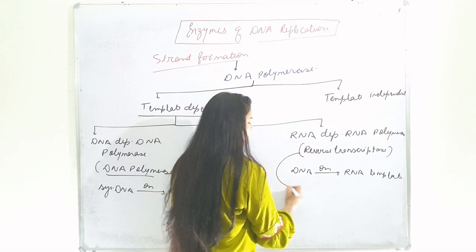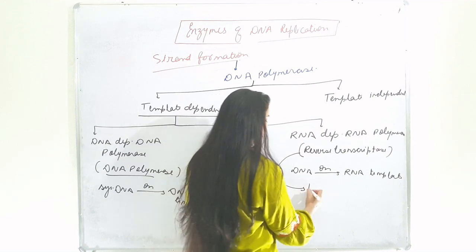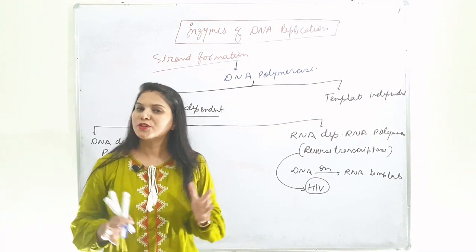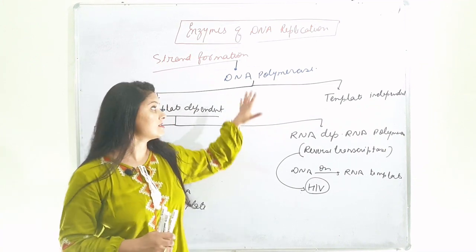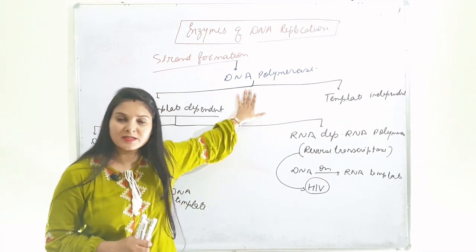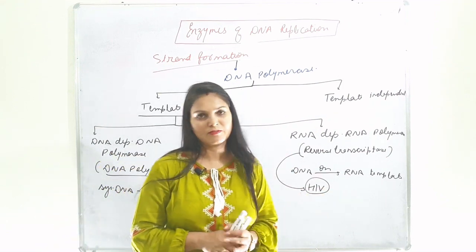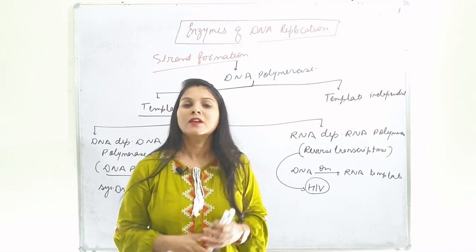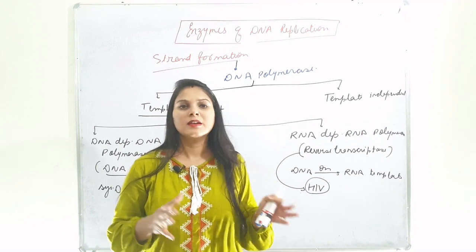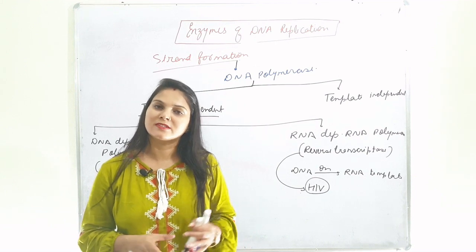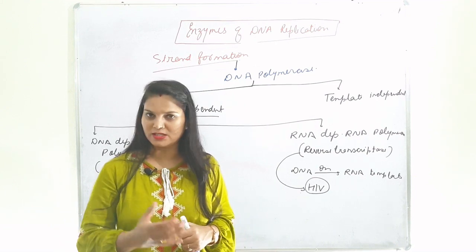And reverse transcriptase, as we all know, is present in HIV, human immunodeficiency virus. Eukaryotes and prokaryotes have a number of DNA polymerases which perform several important functions apart from synthesis of the new complementary DNA strand, such as proofreading, DNA repair, etc. Now let's discuss the DNA polymerases of eukaryotes and prokaryotes in detail.